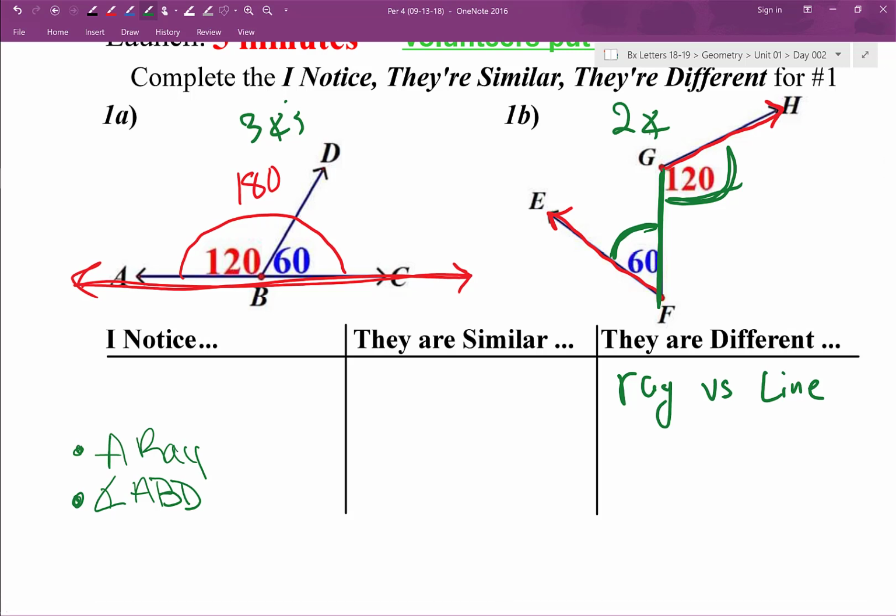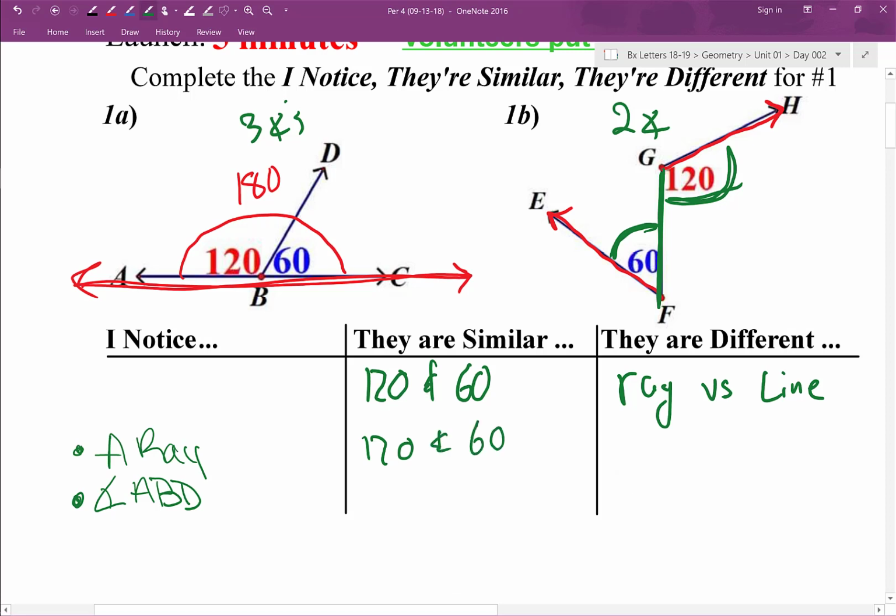But what are the angles in number 1 doing? And what are the angles in number 2 doing? What are the angles in 1A? Yeah, so 120 and 60. And what are the angles in 1B? Yeah, 120 and 60, sorry.